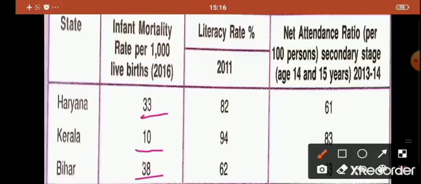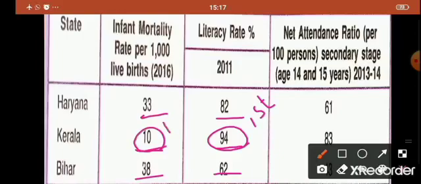Now let us see the literacy rate in the year 2011. Haryana was 82, Kerala 94, and Bihar 62. If you compare these 3 states as per the literacy rate, then of course Kerala ranks first. In terms of infant mortality rate also Kerala ranks first, and in terms of literacy rate also Kerala ranks first.